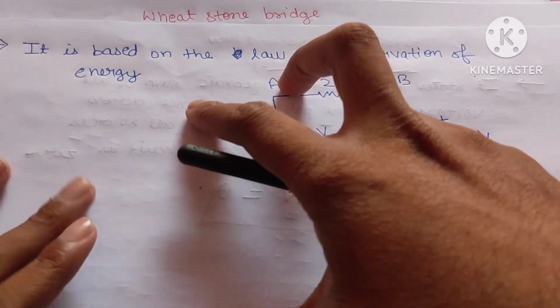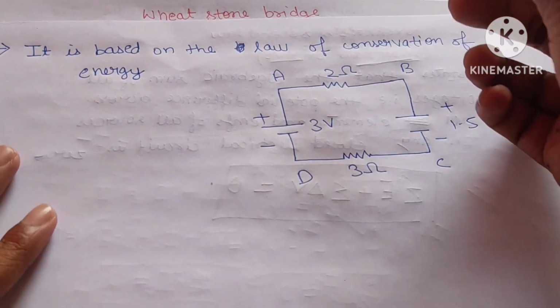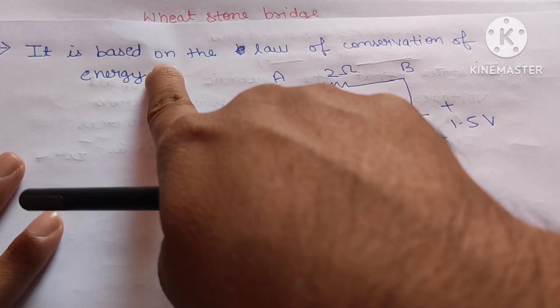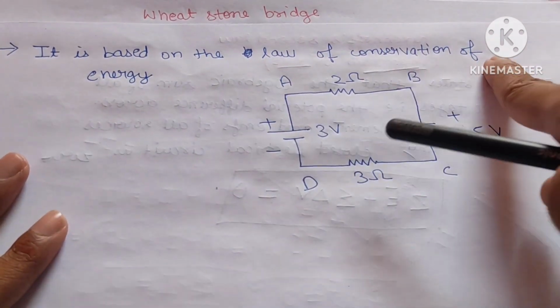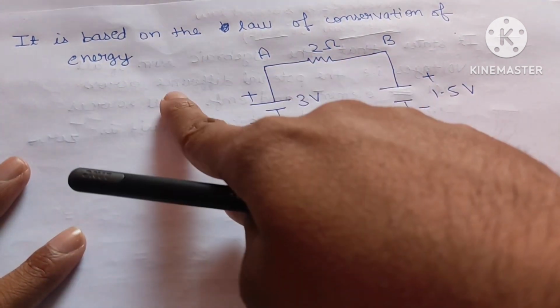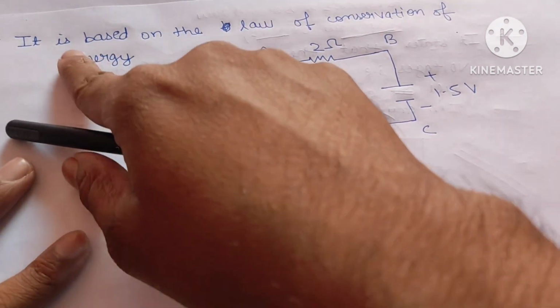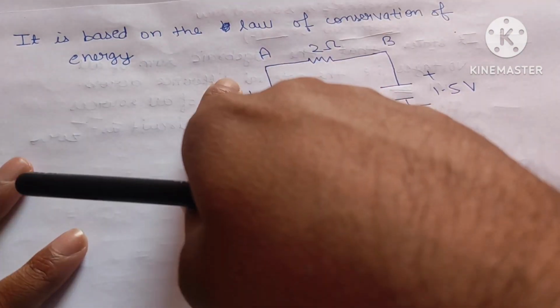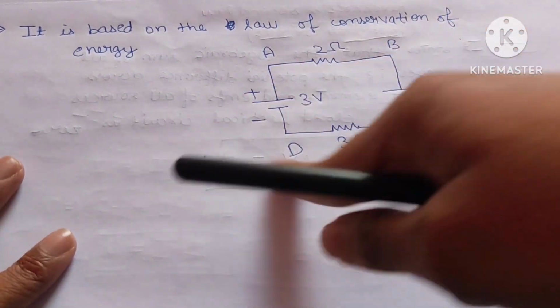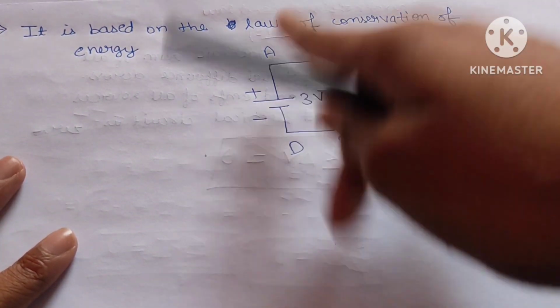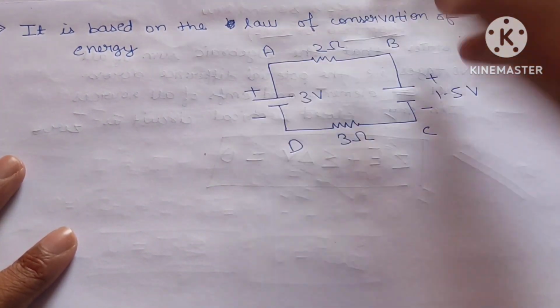Before we solve, we know the first law of Kirchhoff is based on the law of conservation of charge. The second law of Kirchhoff is based on the law of conservation of energy. It is also known as the loop law because it happens in a closed circuit.